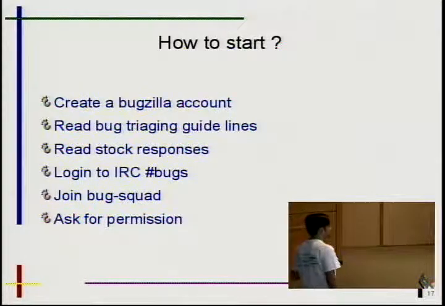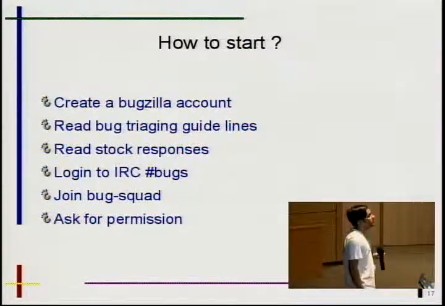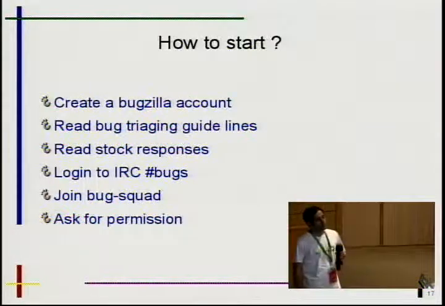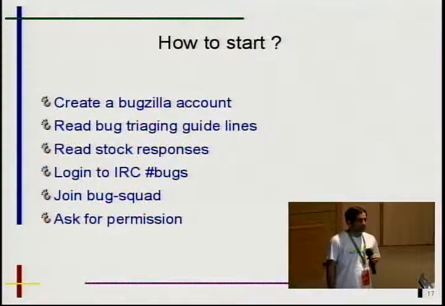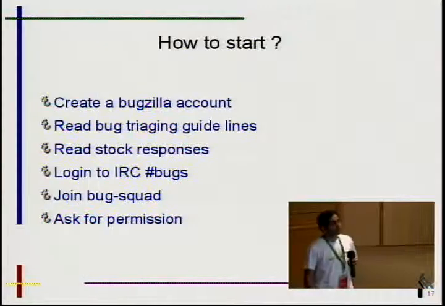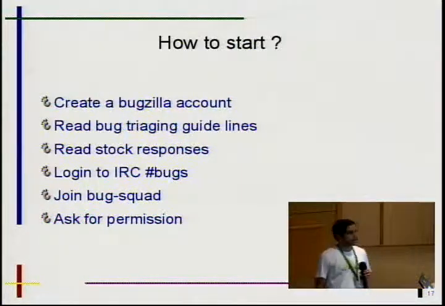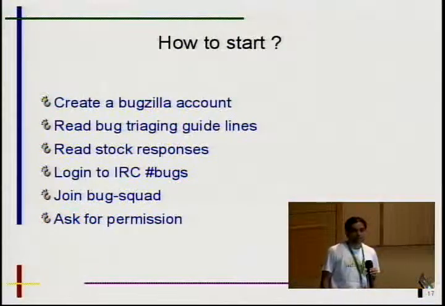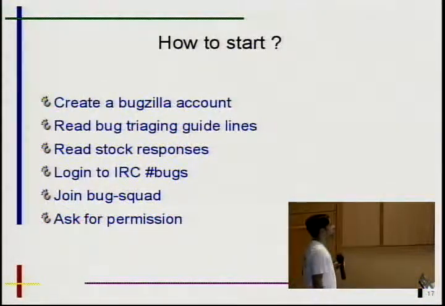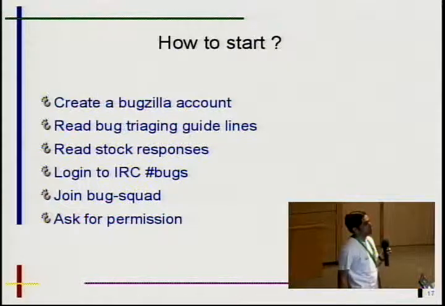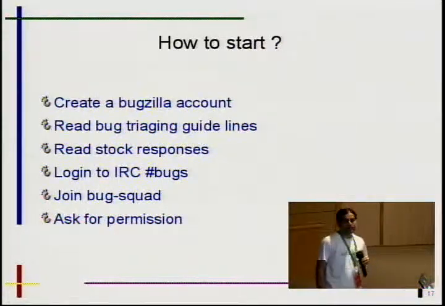As a default or normal user, you won't have many of the permissions a Bug Squad member has, like marking bugs, changing the product, adding to the target, and closing them. After doing some work and showing that you know what bug triaging is and know about some product, it will be easy to ask for the permission.